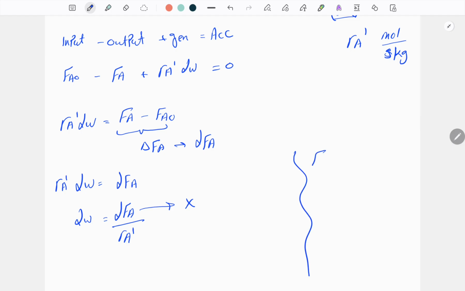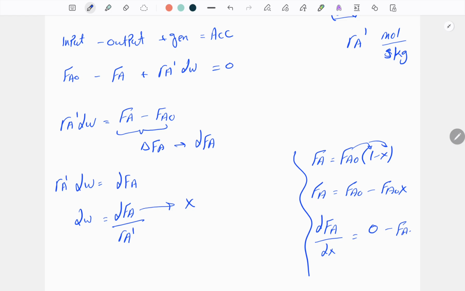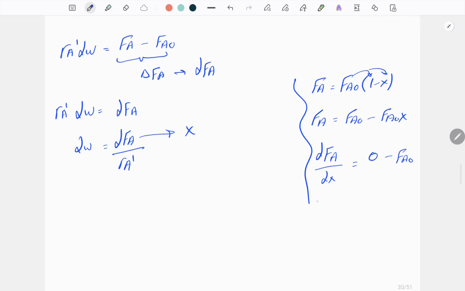So Fa equals Fa naught times 1 minus x, equaling, if we multiply into the bracket, Fa naught minus Fa naught x. Now if you want the differential of Fa in terms of dx, it equals 0 minus Fa naught.